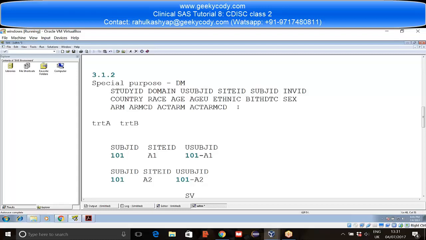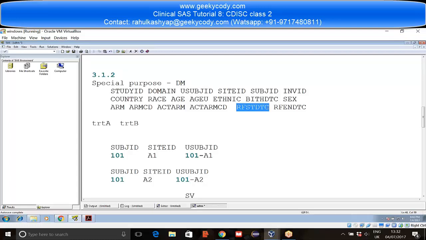And also we'll have some other variables like reference start date, RFSTDTC, and reference end date. What are these reference start and end dates? When the drug is started taking and when the drug is ended. Yes, the date when the subject starts taking the dose.